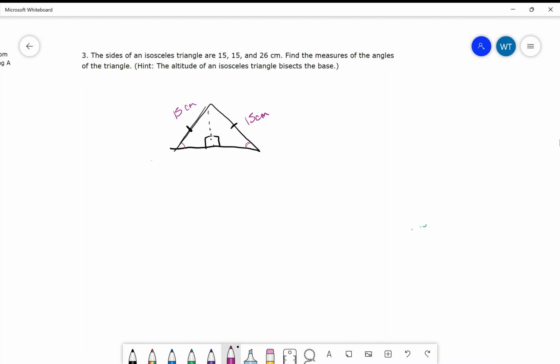So we just need to do this. What I did was 26 times 1/2, because I'm only just going to make this into a right triangle using just this portion right here, to make it easier on myself. And then that equals 13.